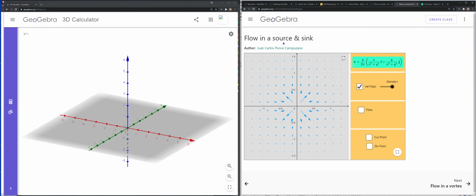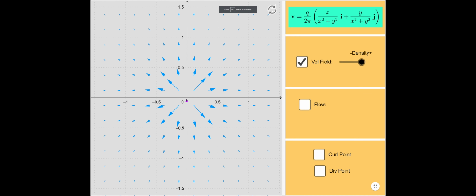And as it comes out of this source, initially you have a fair amount of fluid coming out, so it will be flowing with a relatively large velocity. But as it goes further and further out, the same amount of fluid is just spreading out throughout the plane, so your velocity would be getting smaller as you go further from this source.